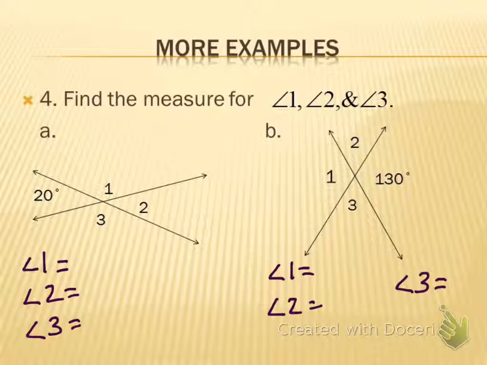So again, your trick is to decide if the angles are vertical angles, they're the same, or if they are a linear pair, which makes them supplementary, so you can add them to get 180. When I do these, I always do the vertical angles first. I think they're by far the easiest. They're just the same thing.